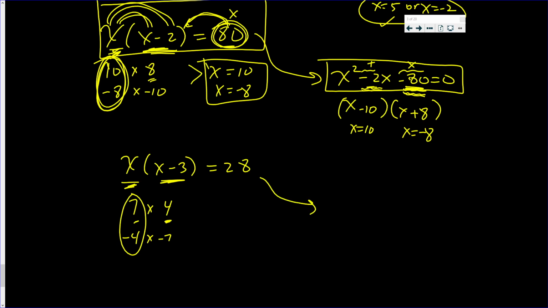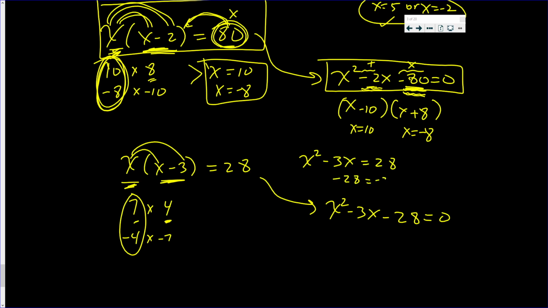Now, to do it the way you were taught, you have to distribute. You have to bring the 28 over. Depending upon how good you are with that, you may first get x squared minus 3x is 28, and then write that you're taking away 28 from both sides. But eventually you get this.